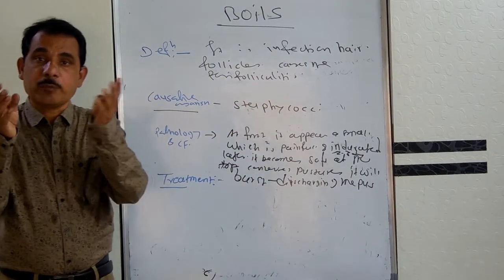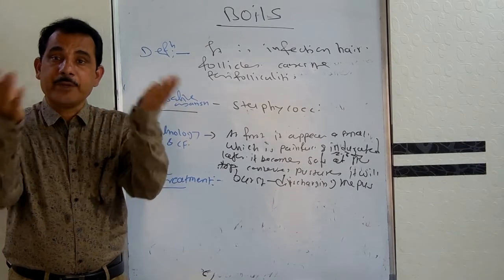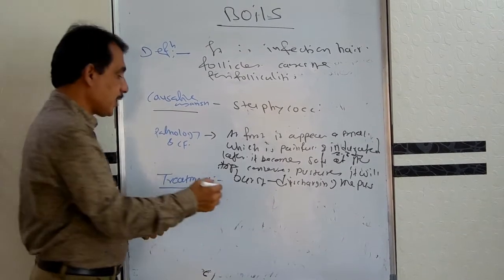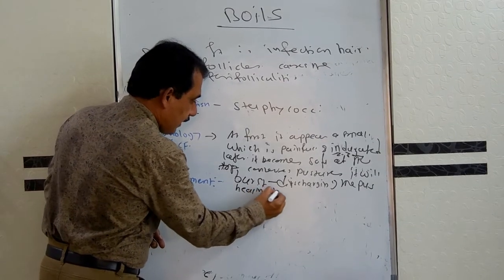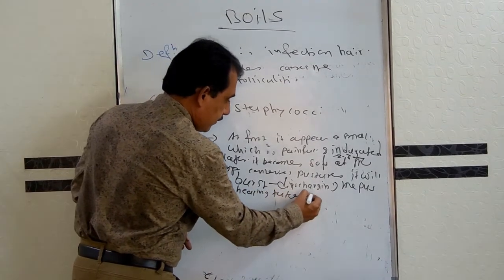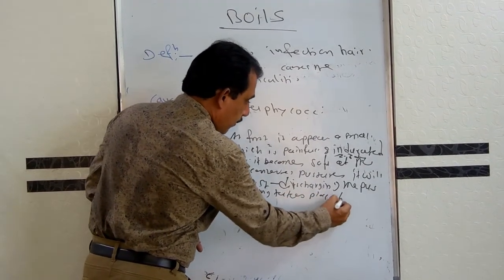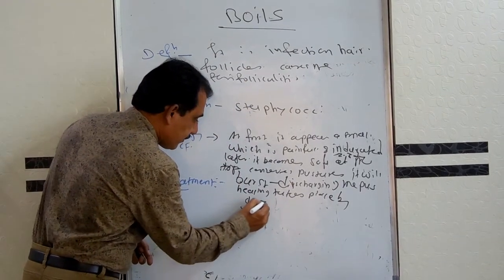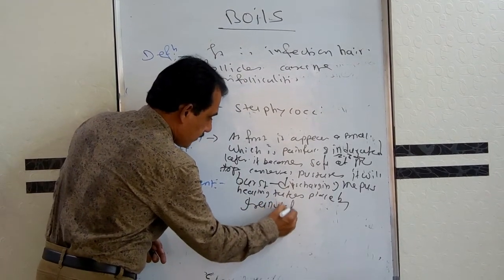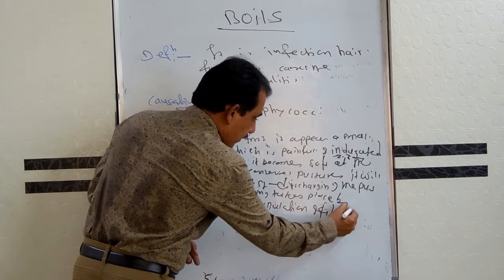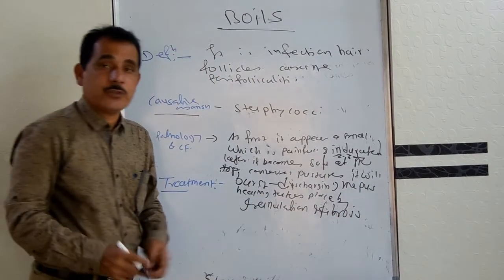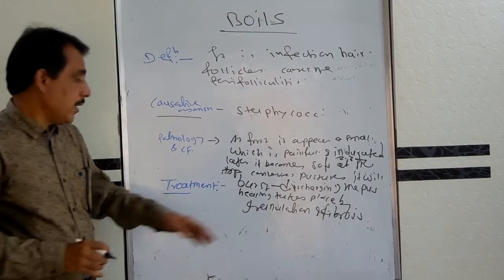After discharge of the pus, the lesion becomes empty, and then healing takes place by granulation, and finally fibrosis. Some of the boils do not burst. They remain closed and healing takes place.